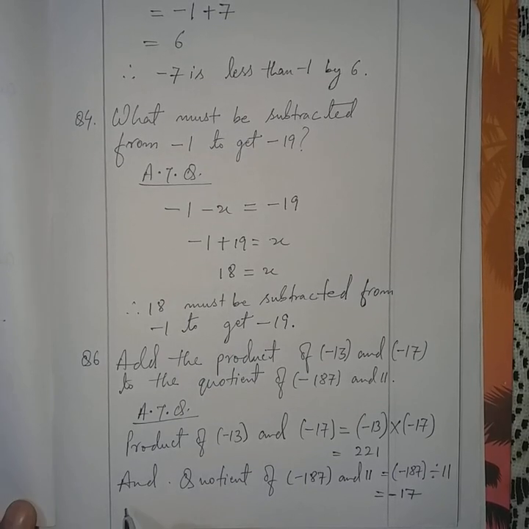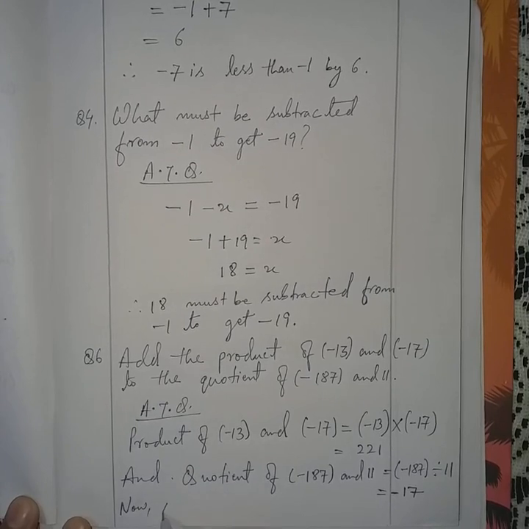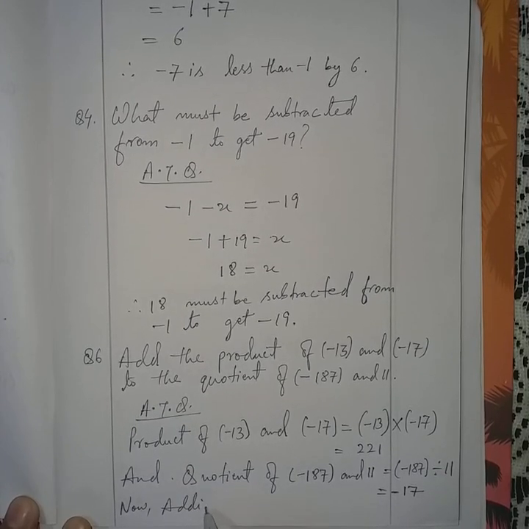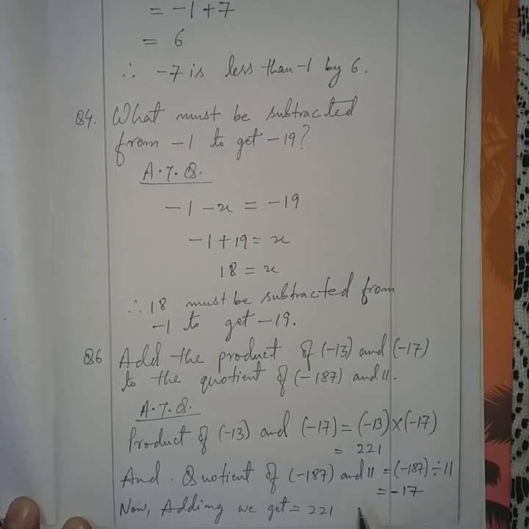Now adding here, we get how much? This 221 and this negative number, minus 17 we are adding.